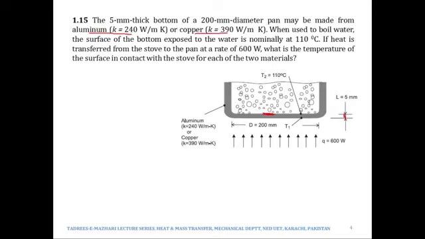The pan has been placed on a stove, and the heat is being transferred from that stove into the pan. So this face of the pan will face the fire, so it will be at a higher temperature. If we call this T1 and this T2, then T1 will be at the higher temperature, and T2 at the lower temperature.